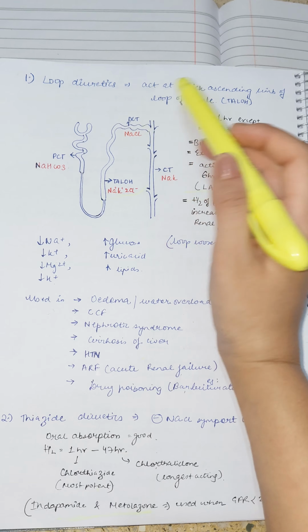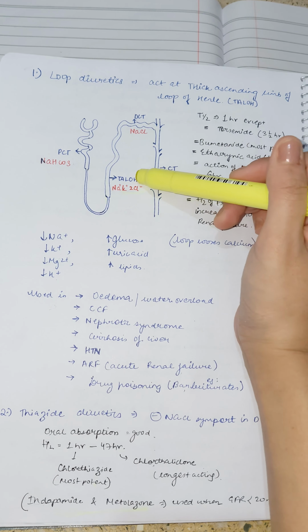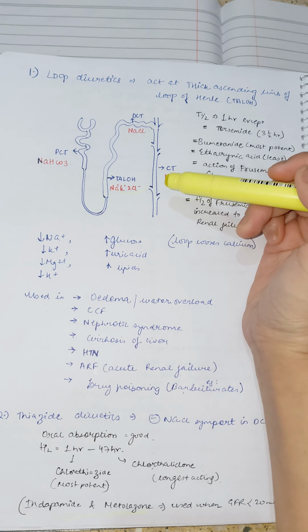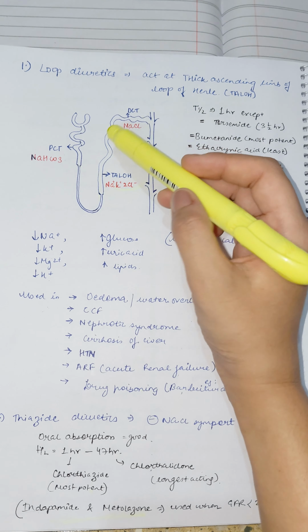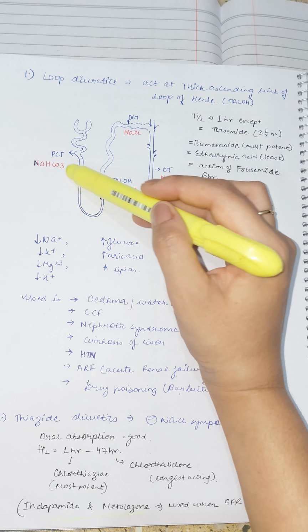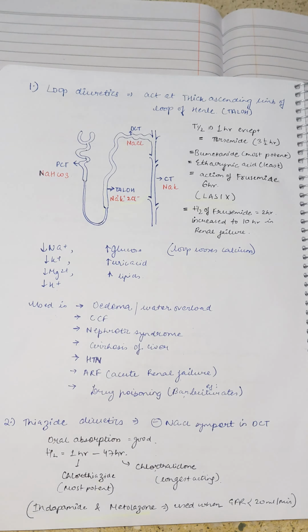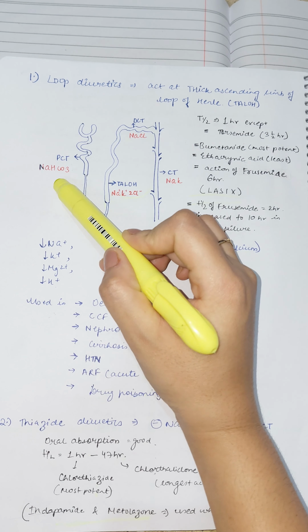So first is loop diuretics. Before starting further, we'll discuss the various channels present over the nephron and in which area the diuretics act. So first is PCT. PCT has NaHCO3 channels, which are inhibited mainly by drugs like carbonic anhydrase inhibitors.